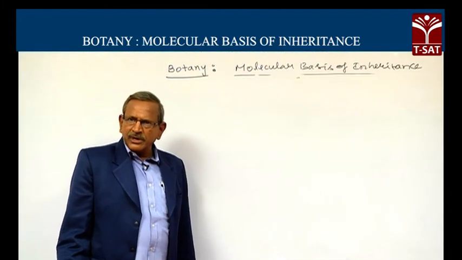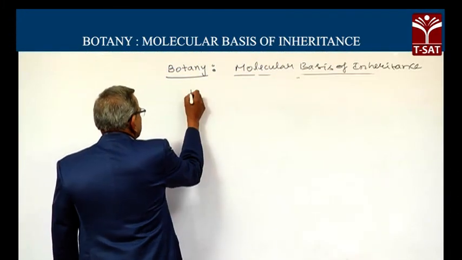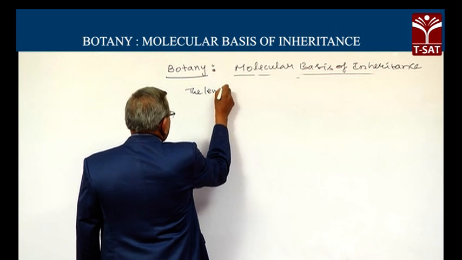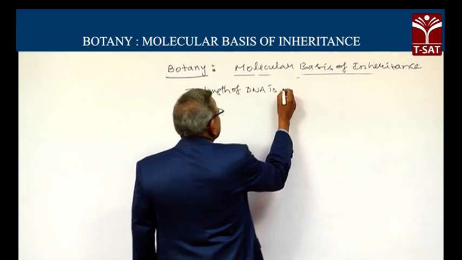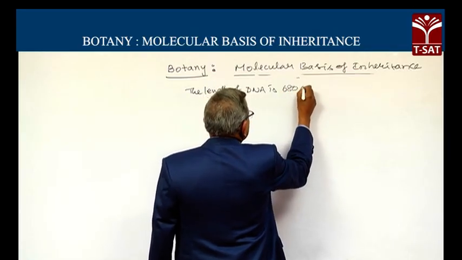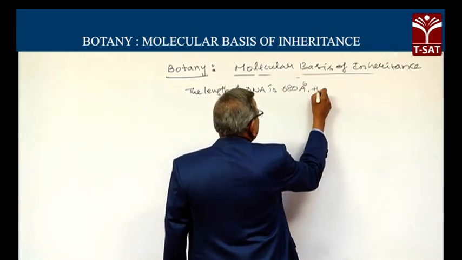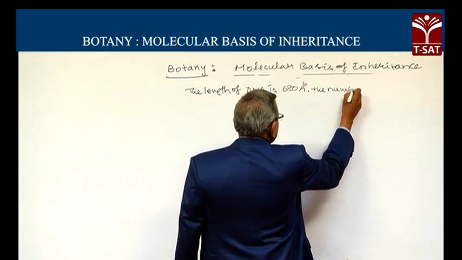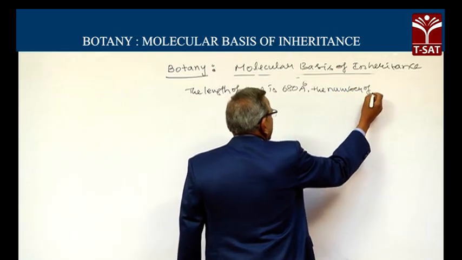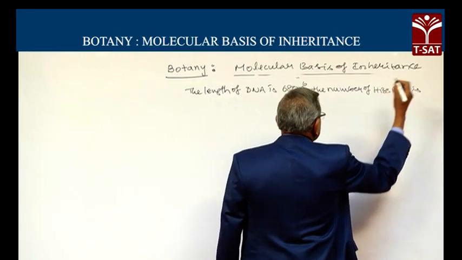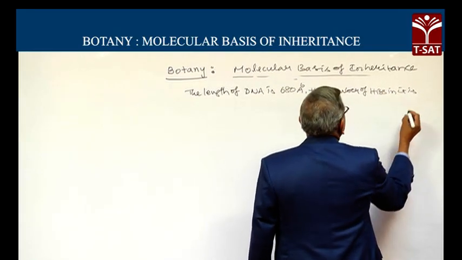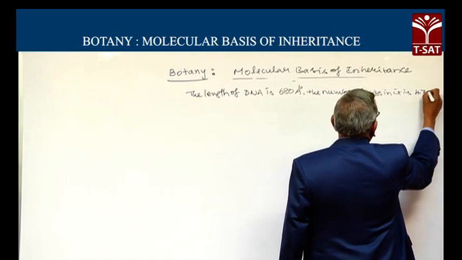Now let us take up one more problem. The length of DNA is 680 angstroms. The number of H bonds in it is 475.